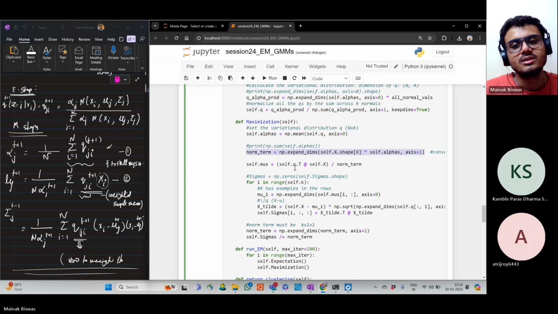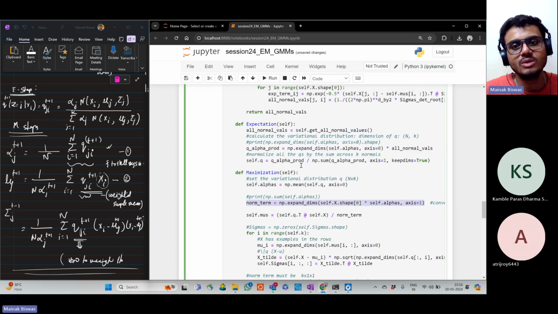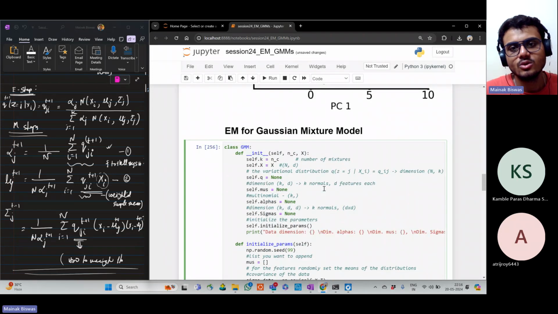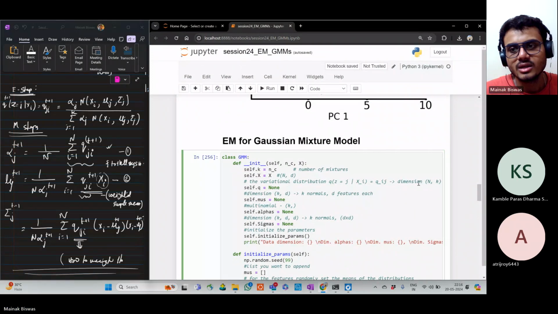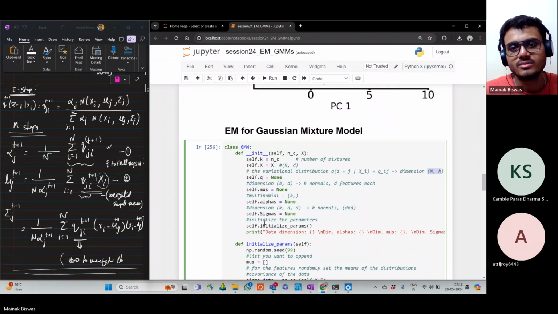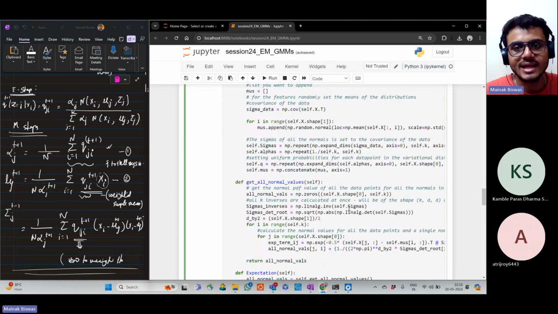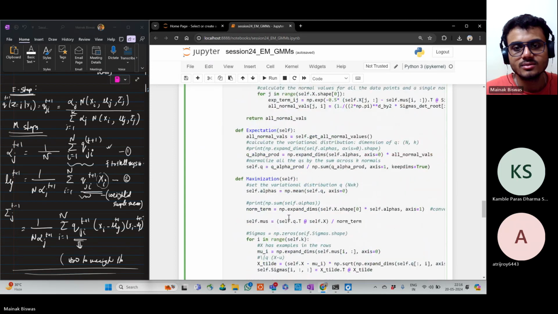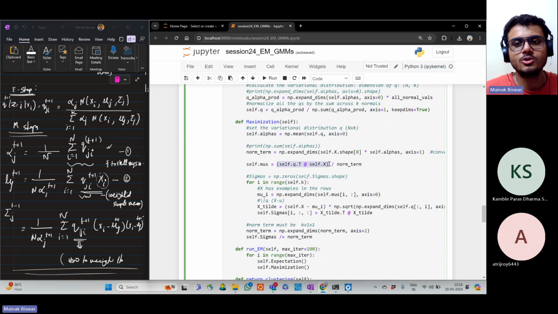Recall the Q dimension is n cross k, and the X dimension is n cross d. So if I do Q transpose X, I'll get k cross d. I'll get all the outputs in this form.